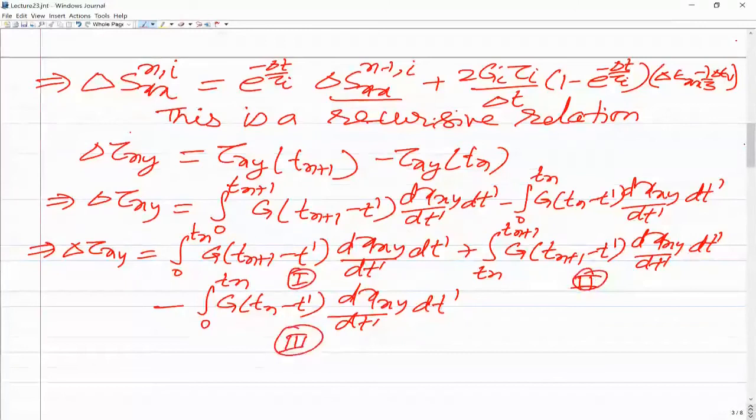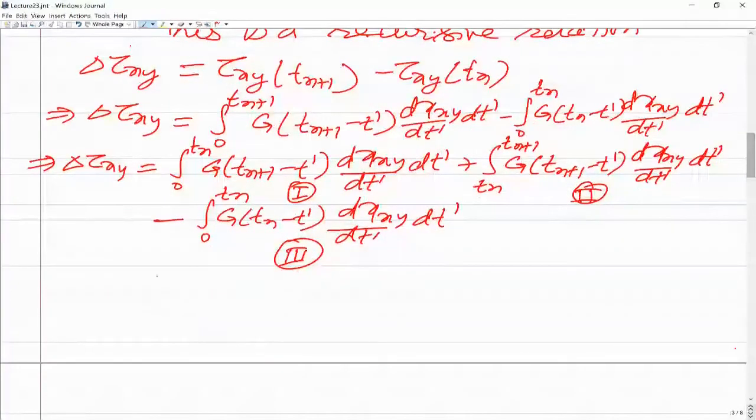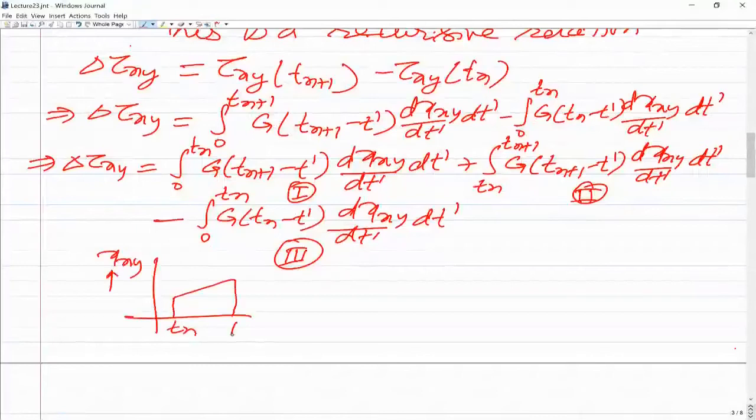In addition to this, as I said already, similar to normal strains, we also assume that within each time interval the strain rates are constant. So if I look at gamma xy from Tn to Tn plus 1, it is constant. This axis is t, and this is the slope, rxy.